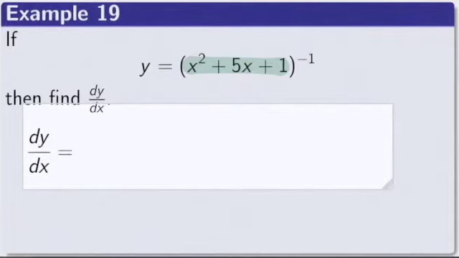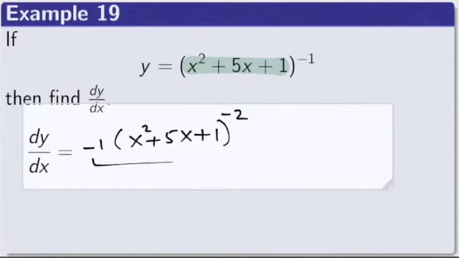Imagine the term colored green is u, then dy du is, we drop the index to the front, so we drop -1 to the front, and u, the green colored term, raised to the power, we subtract 1 from the index, so we have -2.